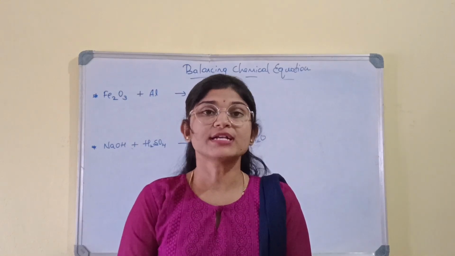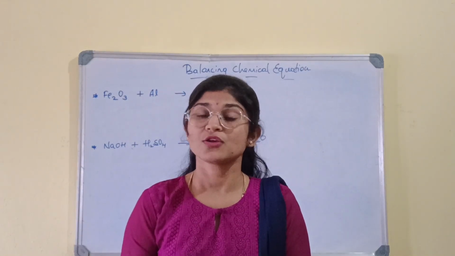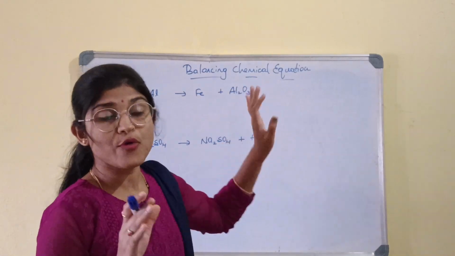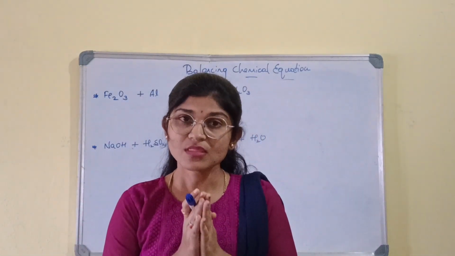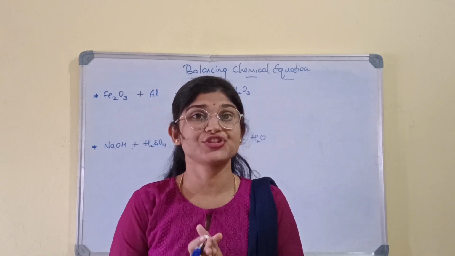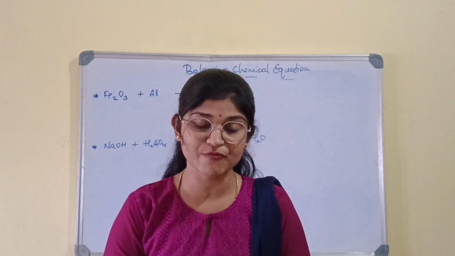Next, what is the major thing to balance the unbalanced chemical equation? One major thing is the law of conservation of mass. What does the law of conservation of mass state?